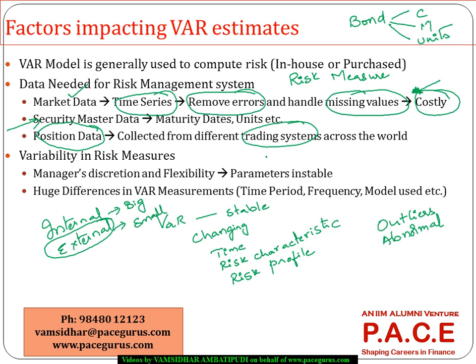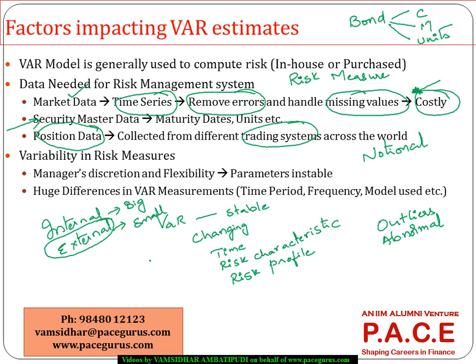It has to be collected because sometimes the trading might be just on notional values. Sometimes the instrument could be created not with the purpose of holding but with the purpose of trading. So for all those cases we may have position data. All that needs to be captured from the various trading systems.